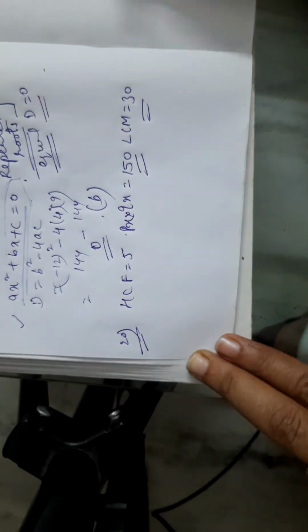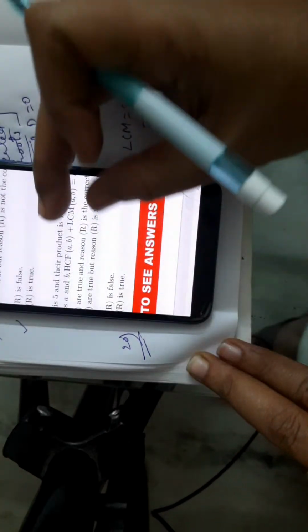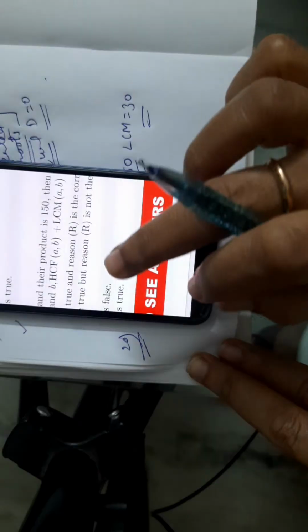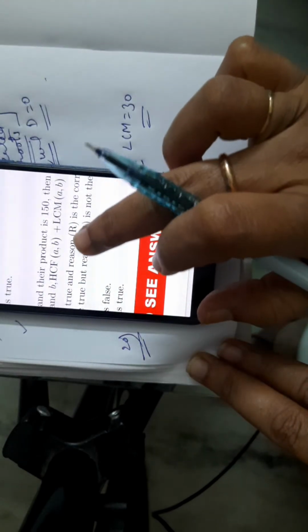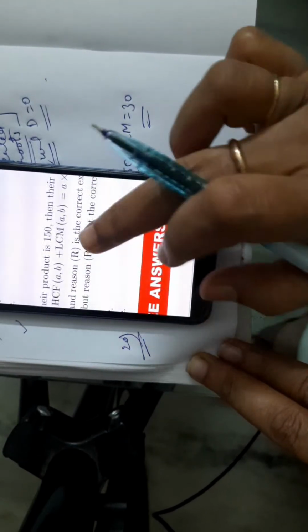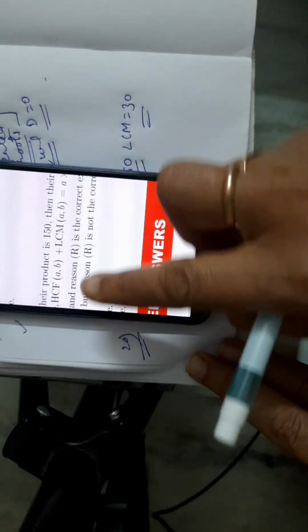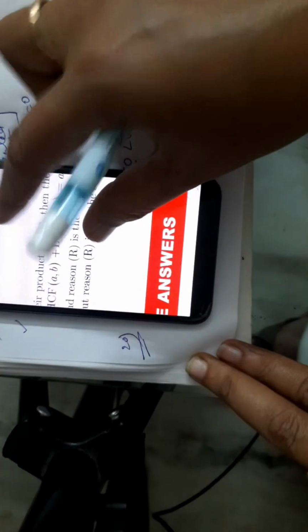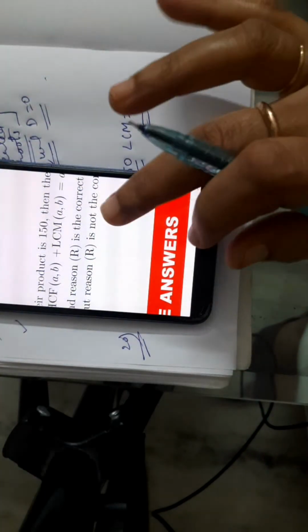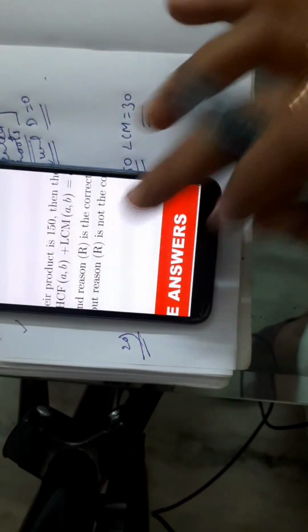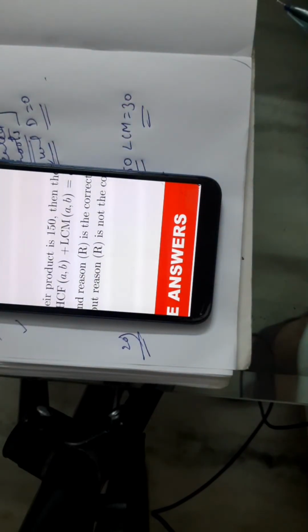The reason given is HCF plus LCM is the product of two numbers. Is it correct? So what is the formula for this?